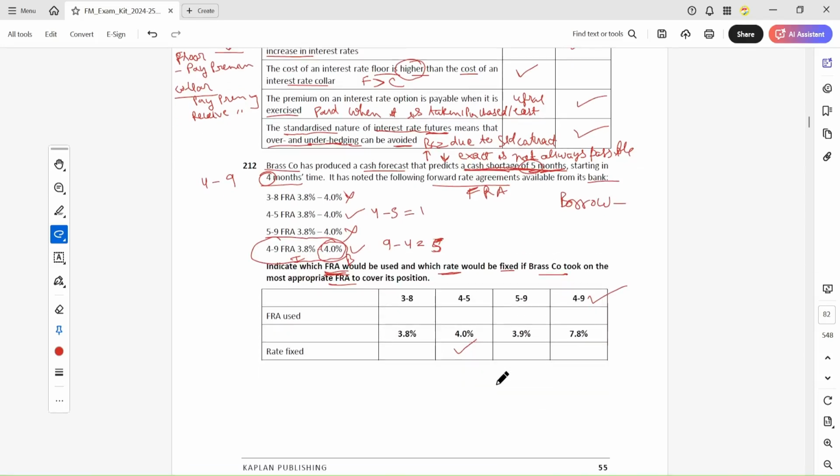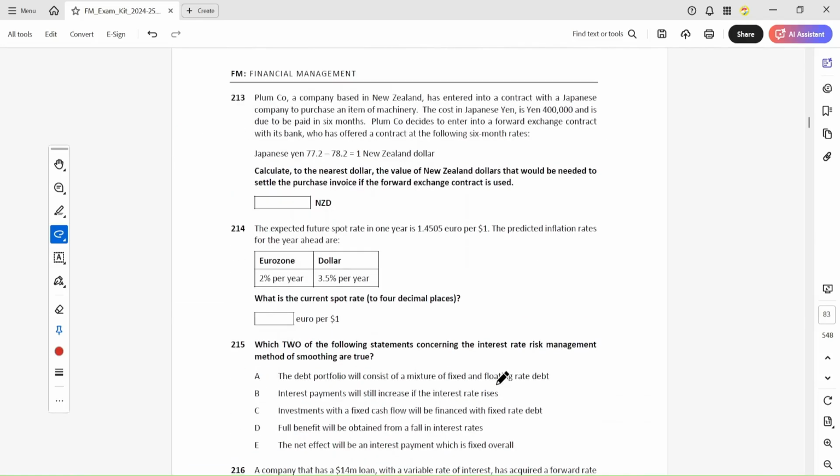Okay, next is Plum Company, a company based in New Zealand, has entered into a contract with a Japanese company to purchase an item of machinery. Purchase means he has to pay the cost in Japanese yen. It means it has to pay in foreign currency, to be paid in 6 months time.